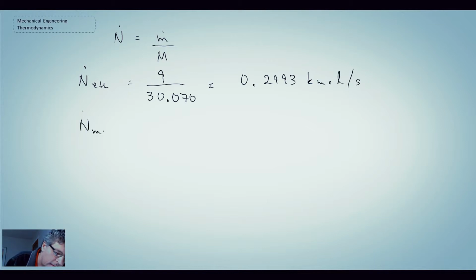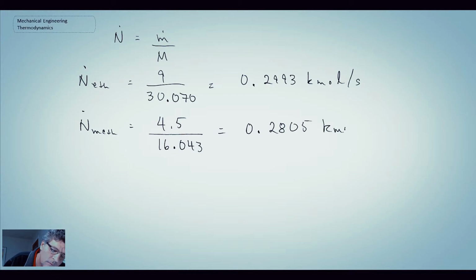And similarly for methane, so we get the mixture molar flow rate being the sum of both of these.